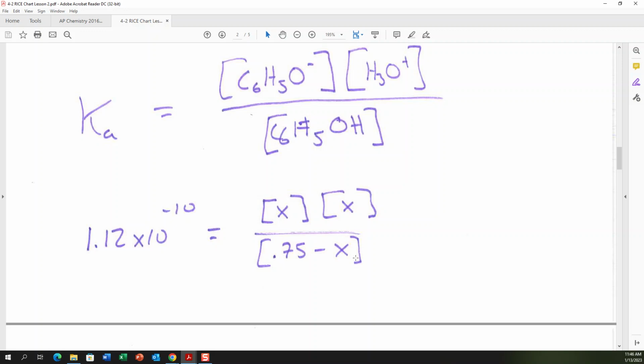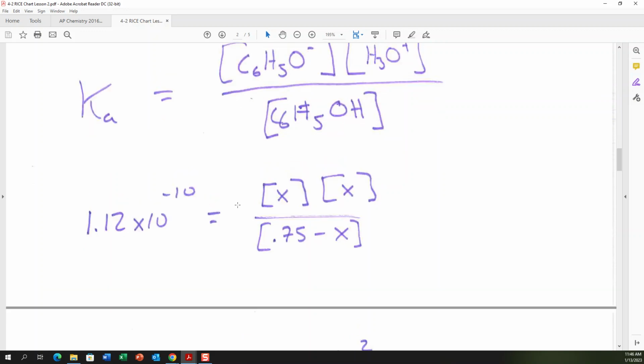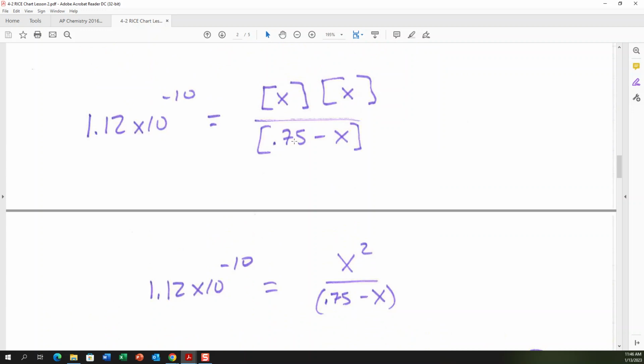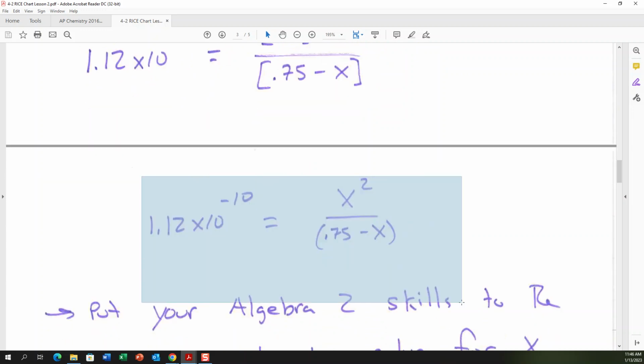Okay. And so we've been through Algebra 2, so we should be able to solve for x, but maybe we forgot. All right, but let's understand what we would do: use our graphing calculator, and we would graph to solve for x. Now I'm going to simplify the expression a little bit. So this is my expression.